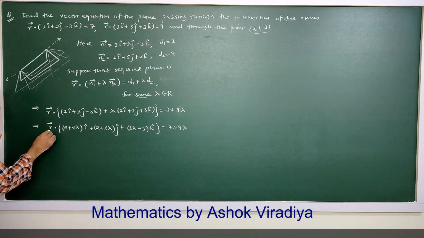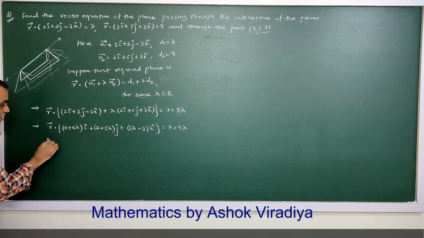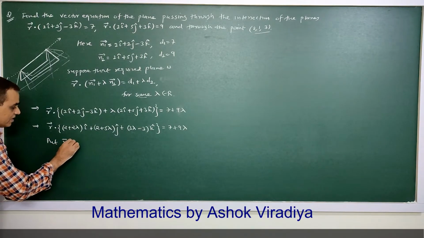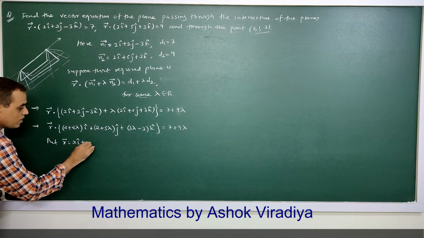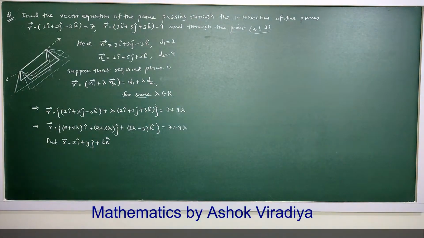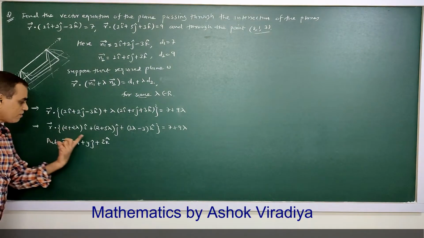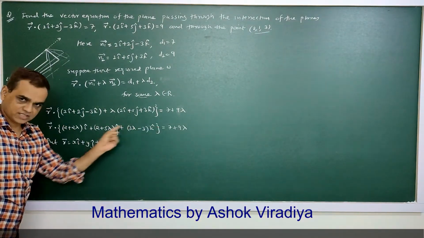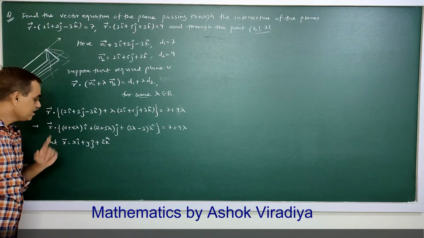Now what is vector r? We are taking vector r as xi plus yj plus zk. So the dot product of this vector with this vector is on the left-hand side.